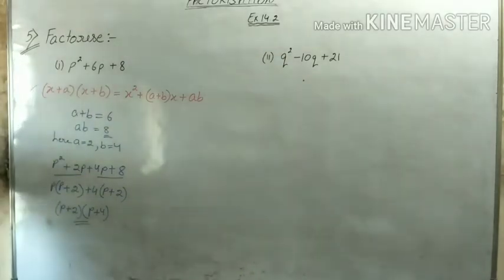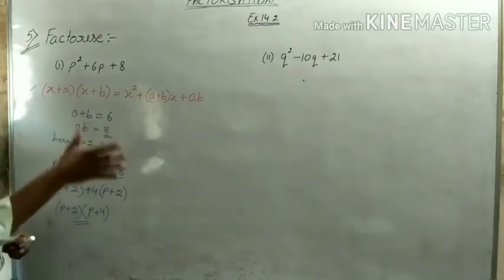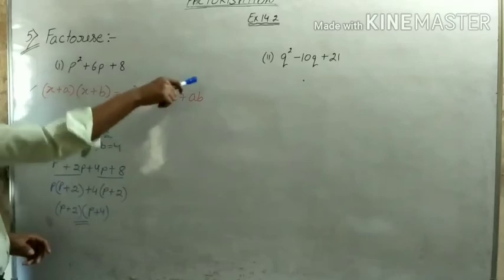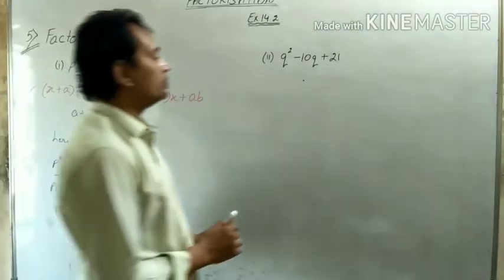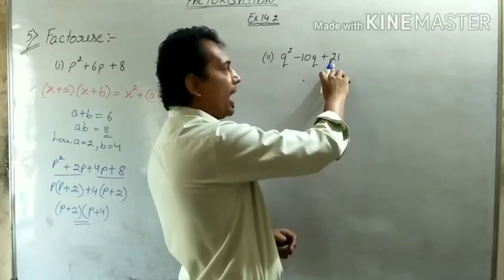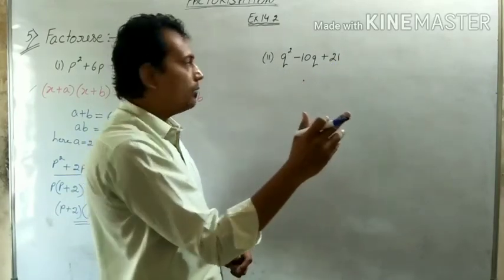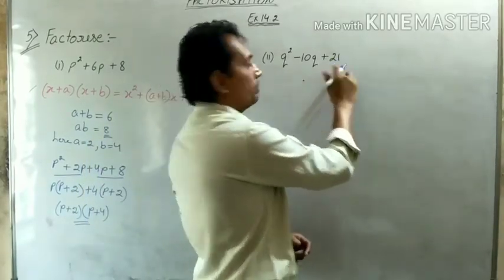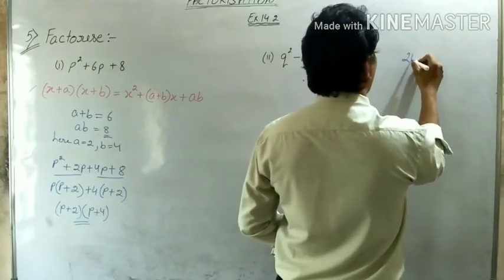Otherwise we can also solve it by a method called splitting the middle term. So let's try the splitting the middle term method in this expression. You see student, the last term is not having any kind of variables, so it is a constant term. So let's write it, 21.